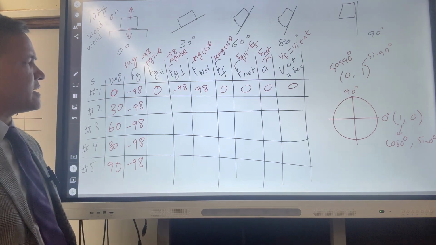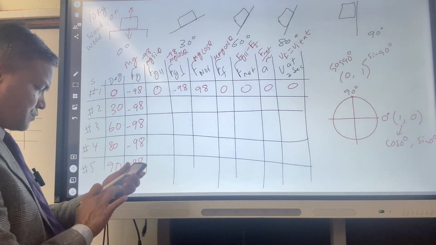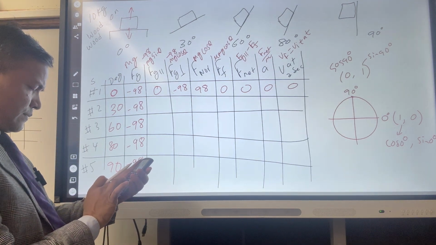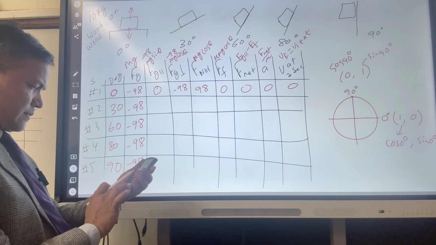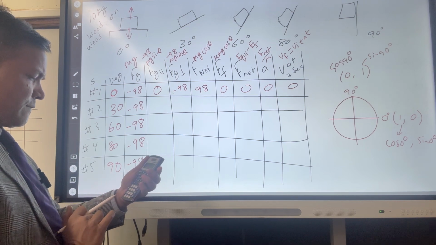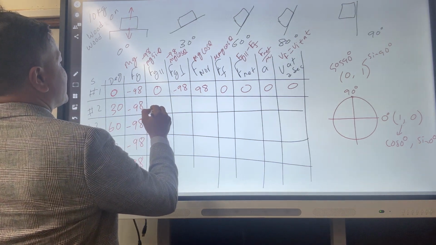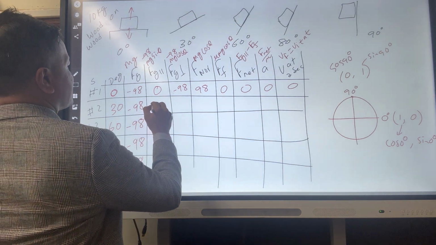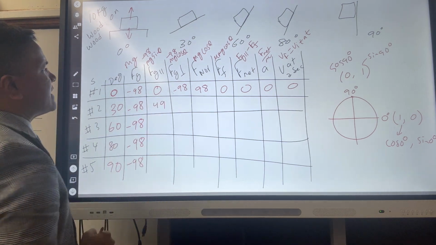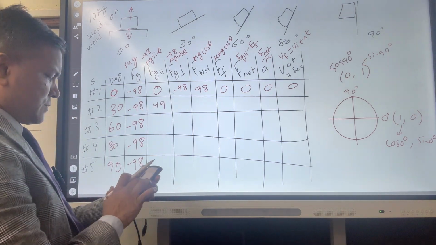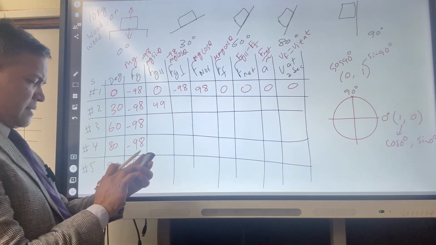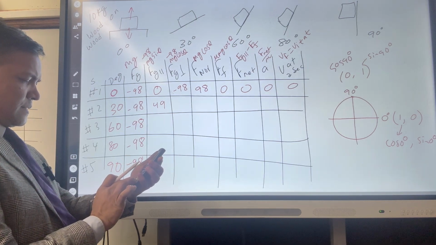So 98 sine 30 is 49. So this is 49, and 98 cosine 30. Let me test this calculator.